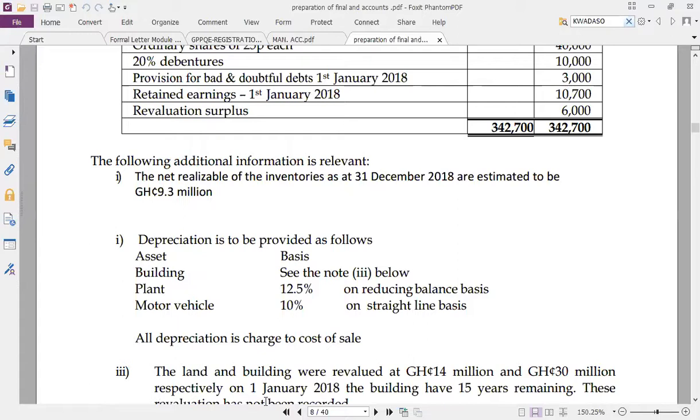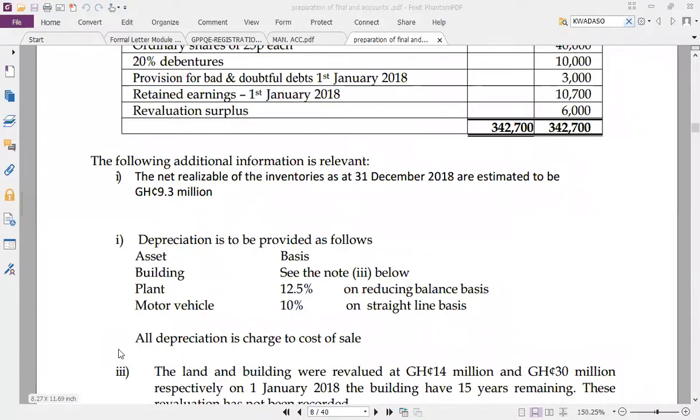So basically that is it. So now we will look at the next note. So basically, note 2 talks about the depreciation policy, then we are done.